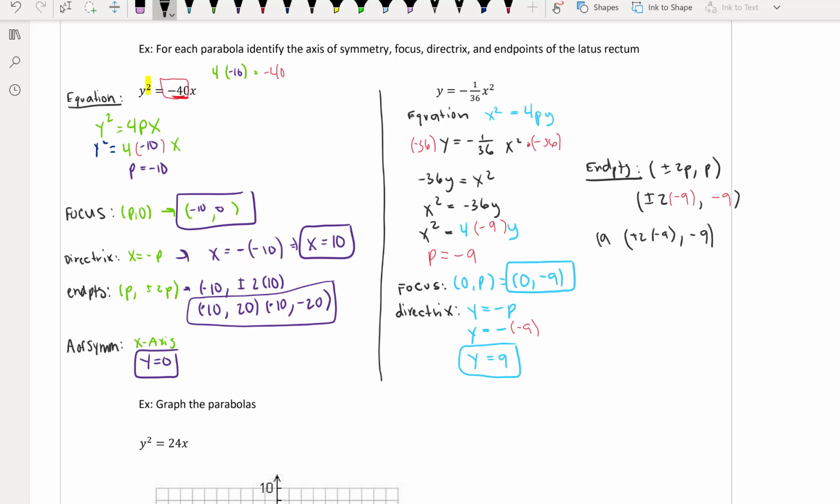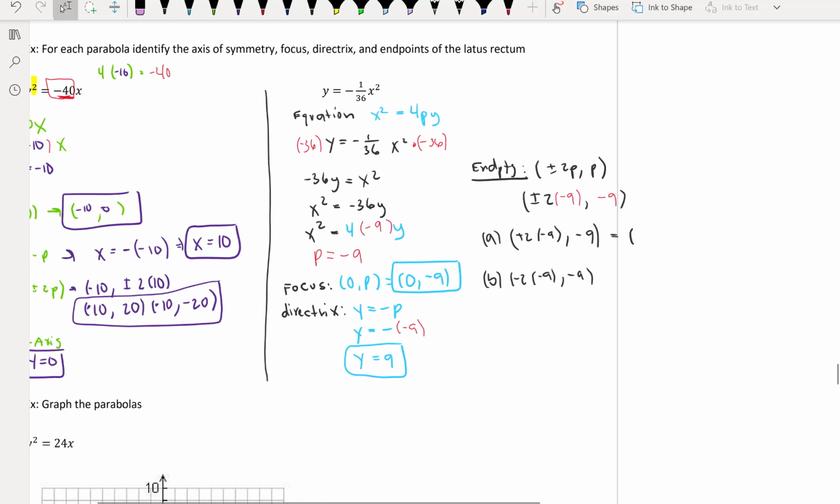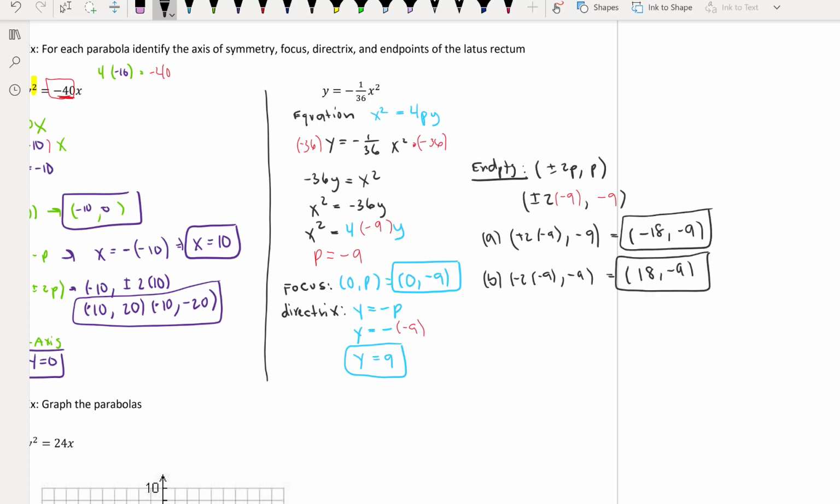That's going to be my first one. And that second one is going to be a negative 2 times a negative 9, comma, negative 9. So that gives me negative 18, negative 9, and it gives me positive 18, negative 9. So now I have my endpoints as well.